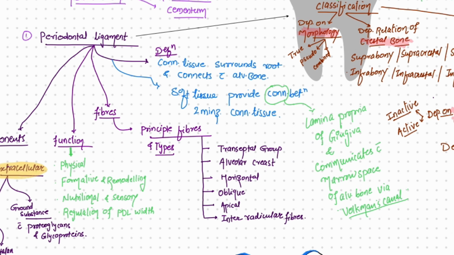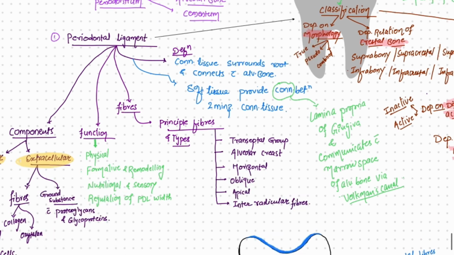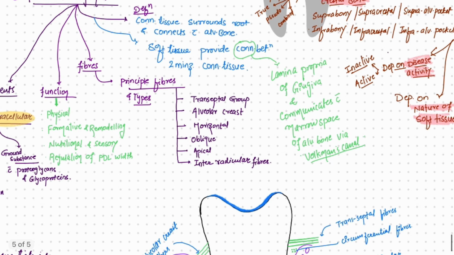The first one is the connective tissue surrounding the roots and connecting to the alveolar bone. It means this is a connective tissue. Periodontal ligament is nothing but the connective tissue which surrounds the root and connects to the alveolar bone. It is a soft tissue providing the connection between two mineralized connective tissues. It is the connective tissue between the lamina propria of the gingiva and it communicates with the marrow space of the alveolar bone via Hawkins canal.